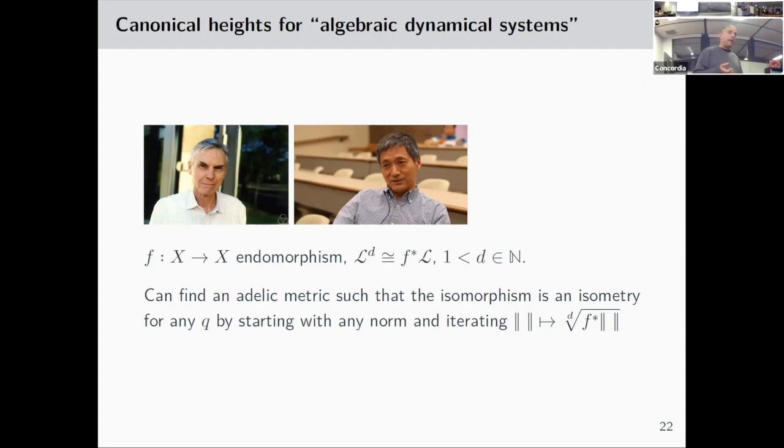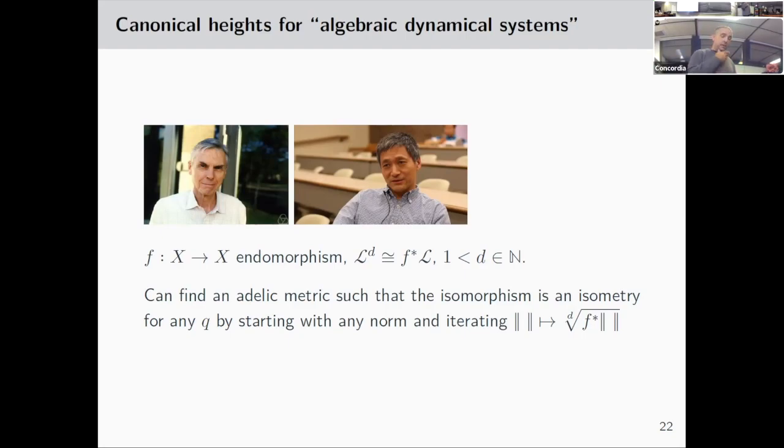It was quadratic up to something bounded, right? It was quadratic in the multiplicative way. So if I took a point on the elliptic curve and multiplied it by n, the height was raised to the power n squared up to some bounded quantity.